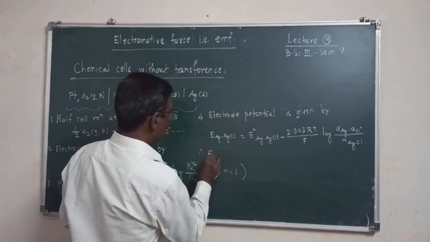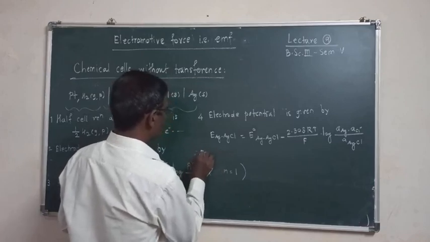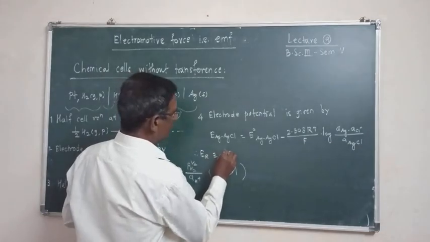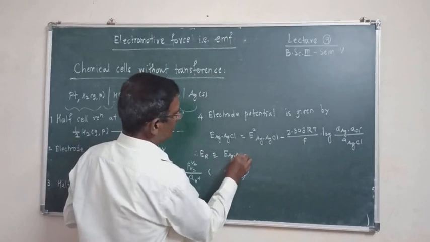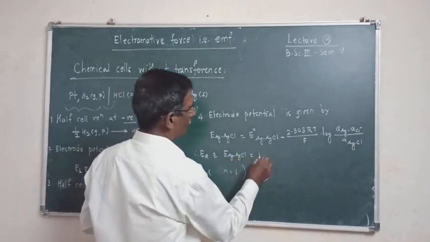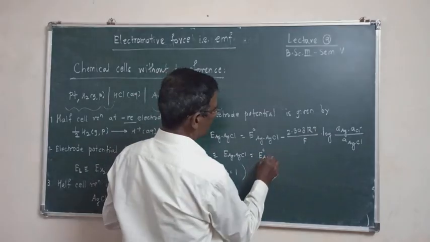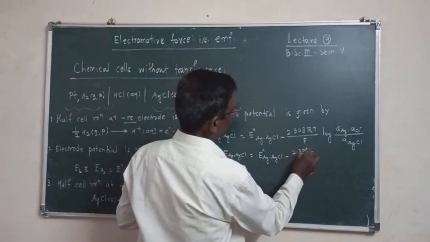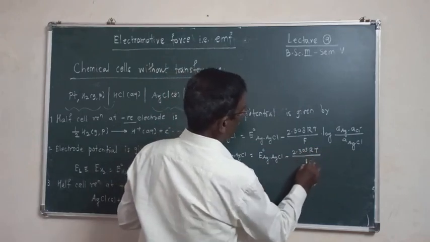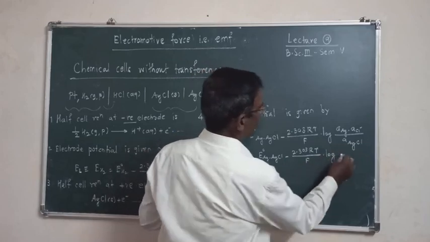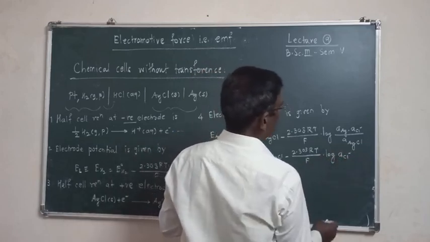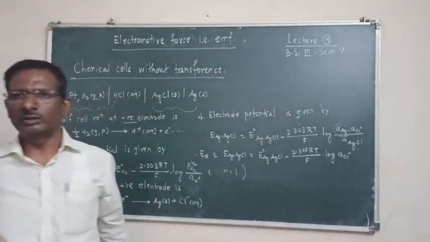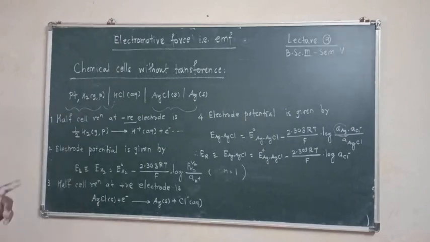Hence, ER, meaning the electrode potential of the right hand side electrode, is equal to E AgCl, which is E0 AgCl minus 2.303 RT upon F into log of activity of Cl-, because in electrochemistry the activity of a solid or liquid is always considered as 1.